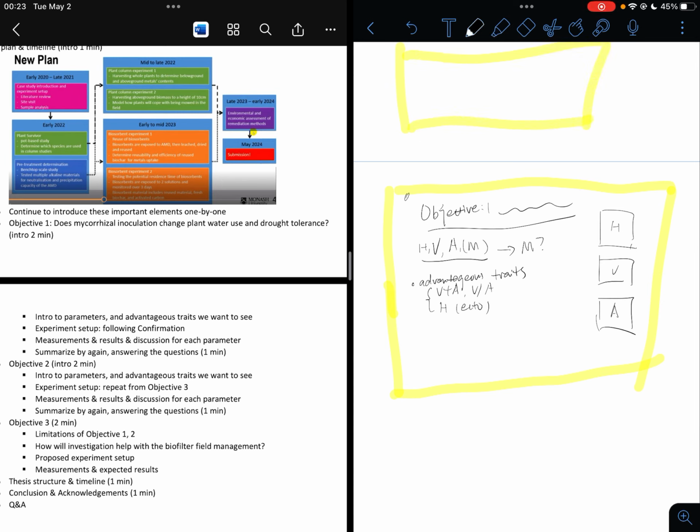So that's objective 1, and then we need the measurements. So the measurements are done here, and we briefly introduce how we get to the results: how we subsampled the plants and how we pre-treated them, basically the SOPs.